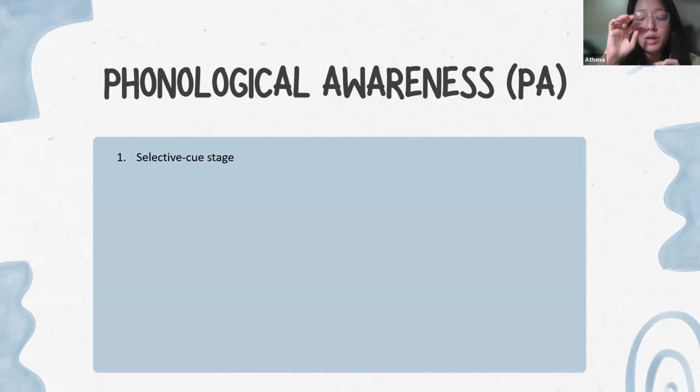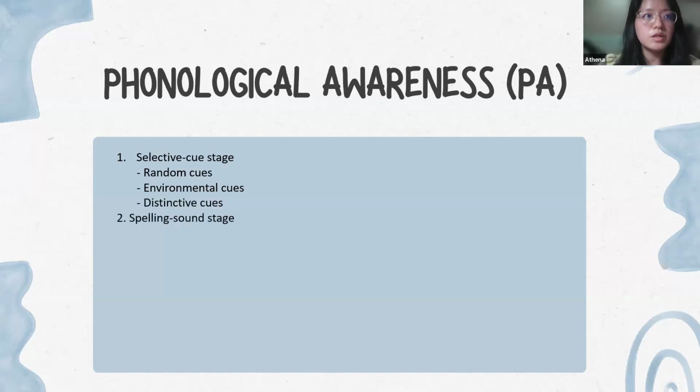The parents don't really teach them, but they have to recognize the differences and decode the sounds. That's the selective cue stage. Sometimes the cue is random, and sometimes they have some environmental cues, or they are being taught, and they have to distinguish the differences between the cues.